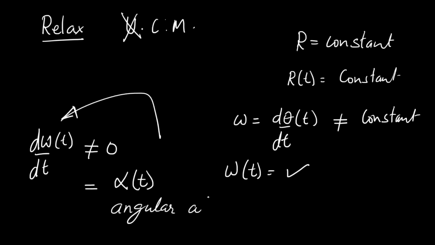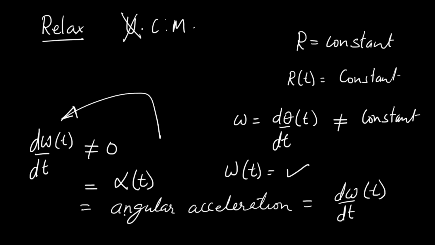So alpha is called angular acceleration, and it is equal to d omega by dt as a function of time. Okay, so alpha of t is going to be now into the picture.